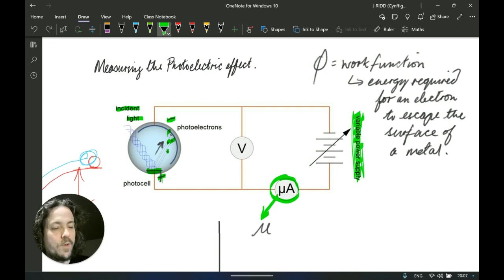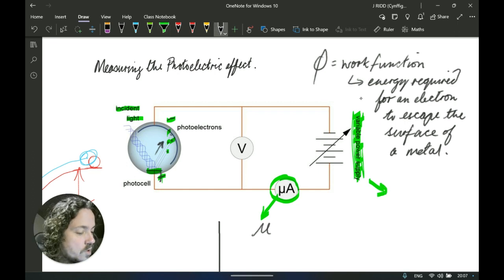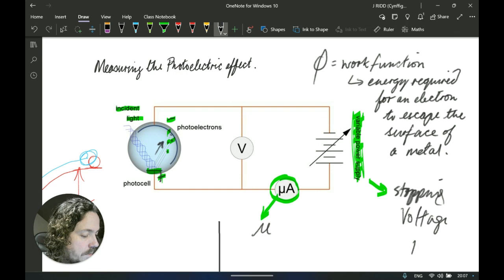We're going to call this voltage that we supply to oppose the current set up by our photocell the stopping voltage, or stopping PD, stopping potential difference.